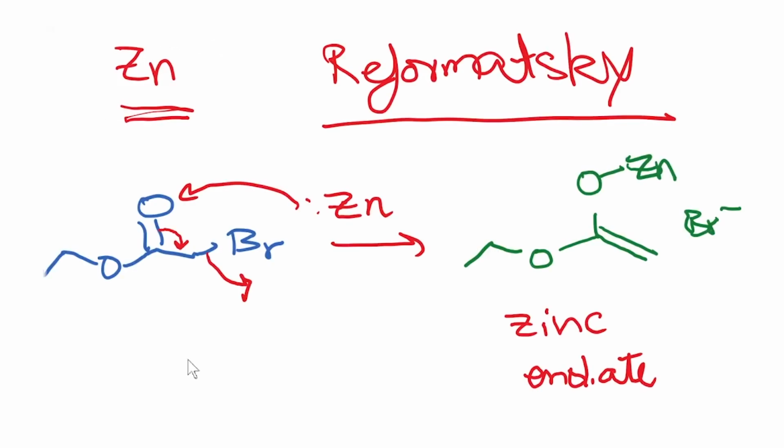Let's look at the reaction with an aldehyde as an example. So this is your zinc. I'm very sorry, I missed out a positive charge on the zinc, so there should be a positive charge over here. Br minus acts as the counter ion, so we can write this out as ZnBr, and here is your enolate, and here is the remaining part of the ester.